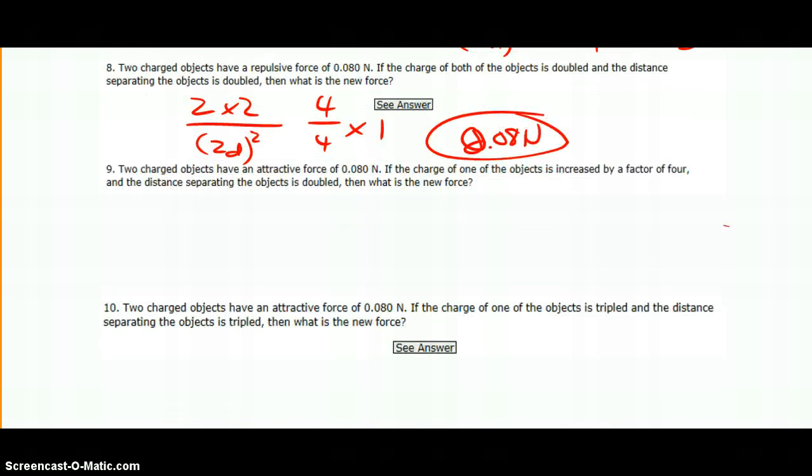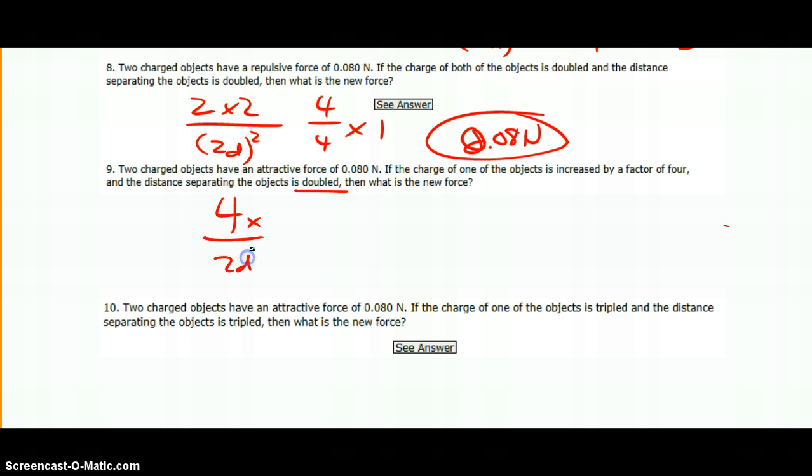Okay, two charged objects have the same force, 0.08 newtons. If we increase the charge of 1 by 4 and the distance is doubled, what's the overall impact on the new force? So we're 4 times the first force. Now, not to multiply by anything else because it's only one charge that we're changing. And at the same time, distance is being doubled.